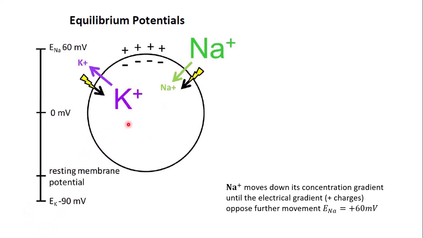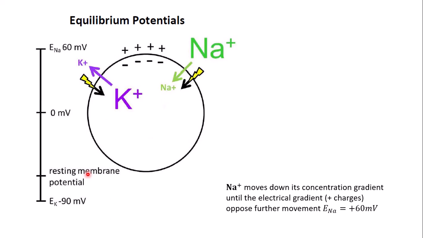Our resting membrane potential, as you can see here, is very close to the equilibrium potential for potassium. This is because a cell at rest has channels that are not completely closed. You have a little bit of sodium channels open and a little bit of potassium channels open.